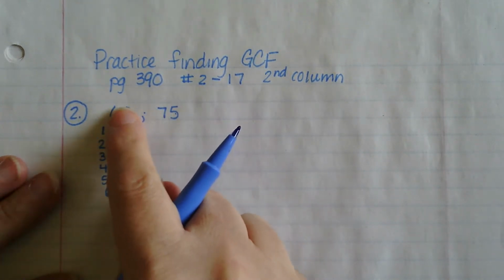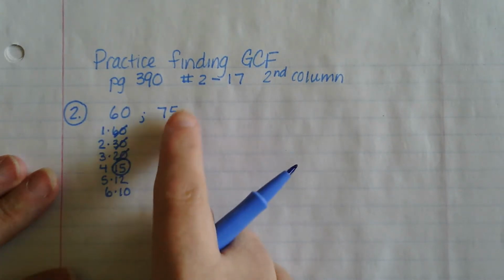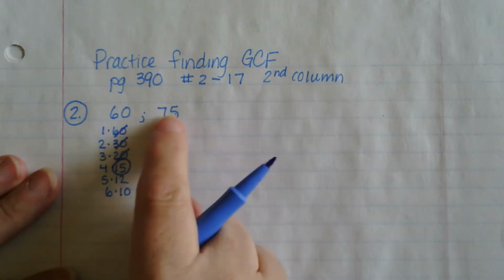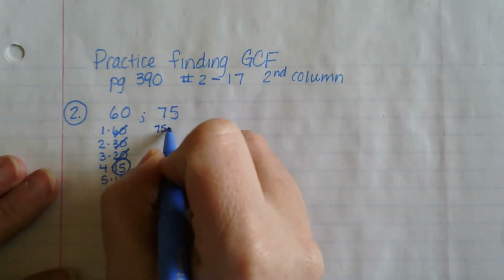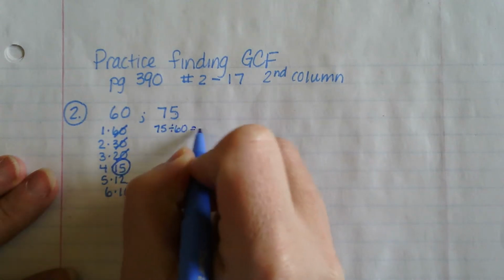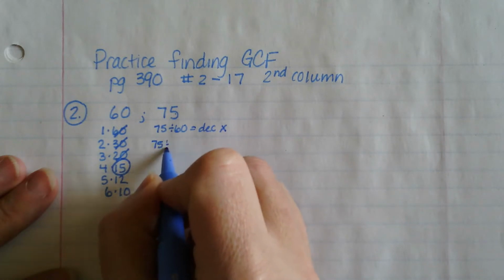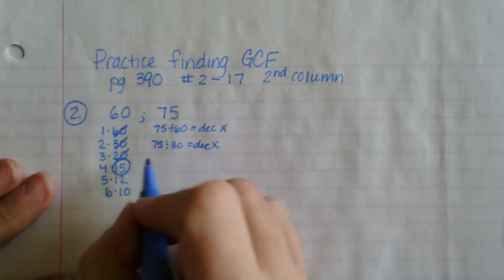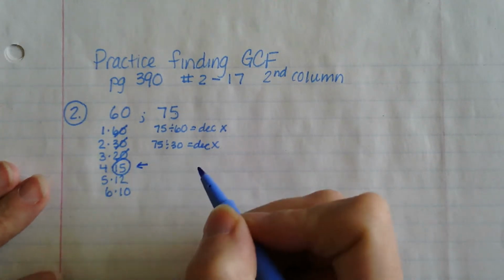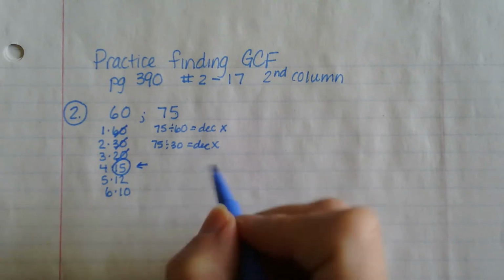Again, if you write all the factors down of the smaller one and then start from the highest number and divide it to see if it works. Now, if it works, you won't have a decimal. This is a decimal, so this is a no. 75 divided by 30 is a decimal, so that's a no. And by the time you get to 15, what is that, 15 times 5?